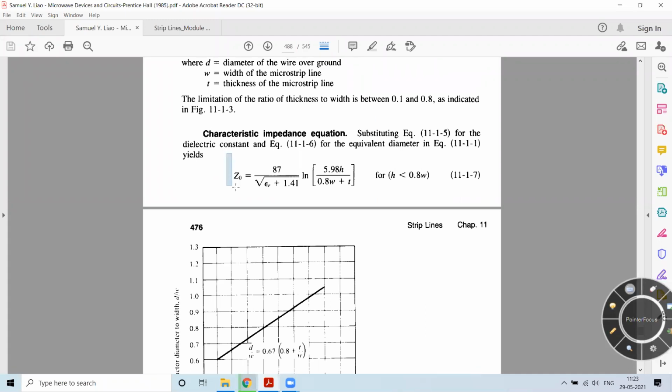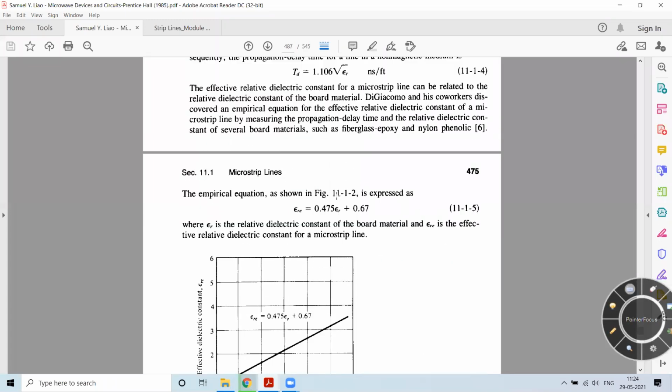When we substituted the equation in Z naught, we obtained equation 11.1.7, in which the condition under which we apply this is H is much lesser than 0.8 times W. That is what we observed.